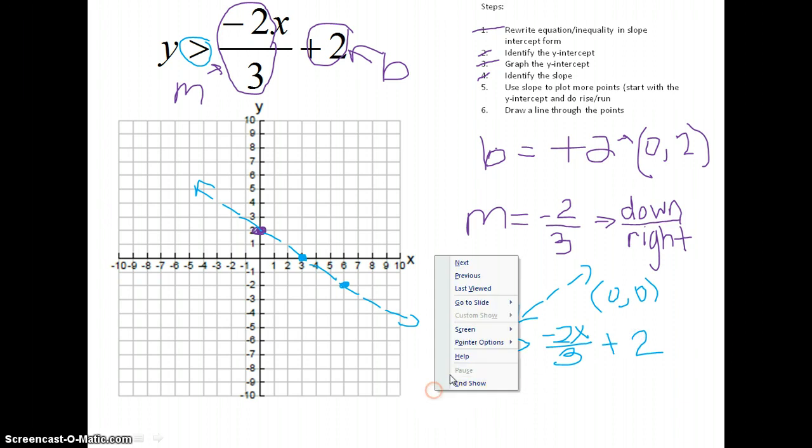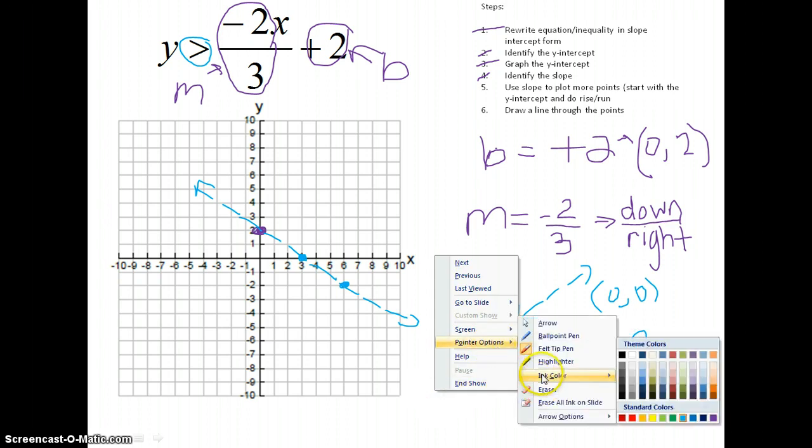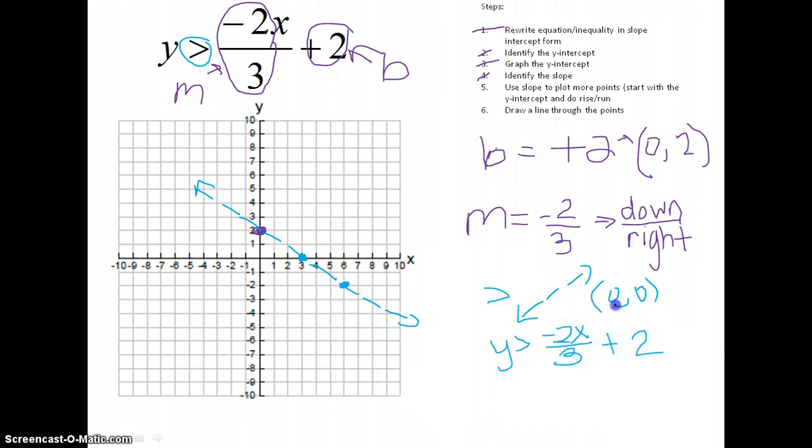So now we're just going to plug in. We're going to plug in 0 for x. We're going to plug in 0 for y. 0 is greater than, I'm sorry, 0 is greater than 2 times 0 divided by 3 plus 2.